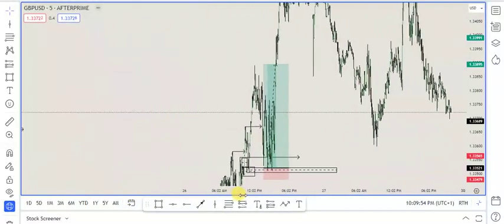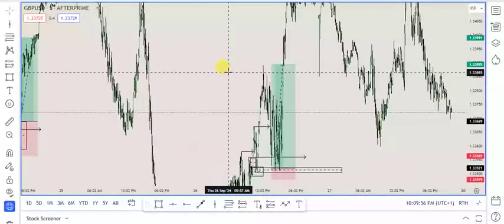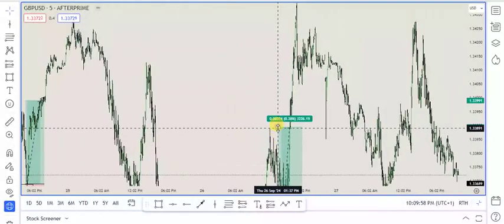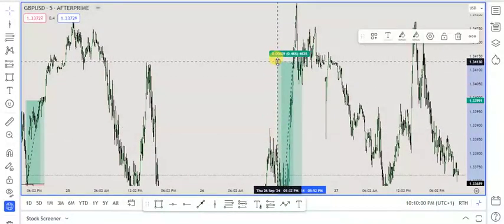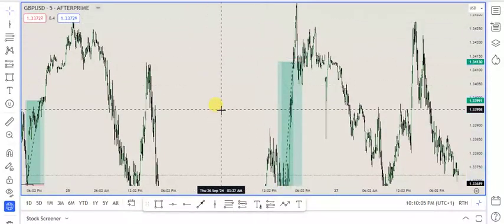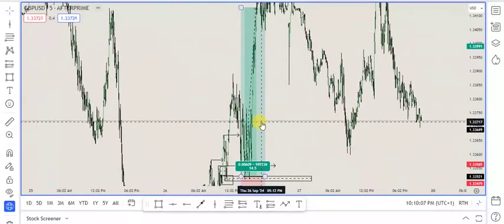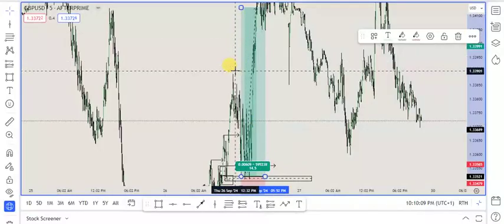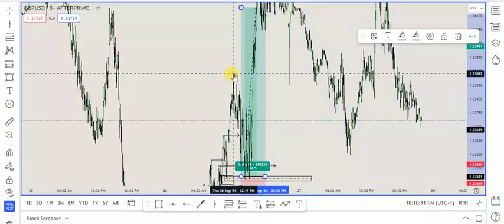It just respected the flag limit level to this top here. So if I was holding the trade to this top, I would have made 1:14, but I just took it here at 1:8. Simple, clean.